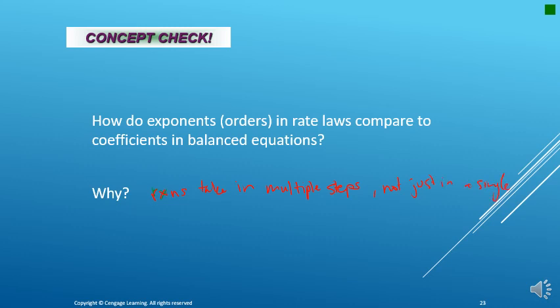Typically, the most that we can do is have two molecules collide together to have the appropriate orientation for the molecules to create the products. Anything above 2, 3, 4, 5, now you're talking about having better chances of winning the lottery than you do of a reaction taking place.